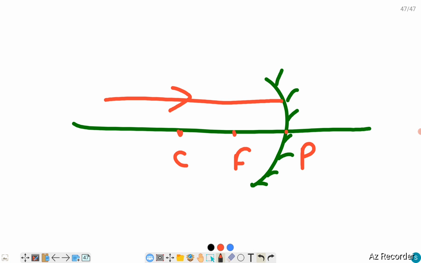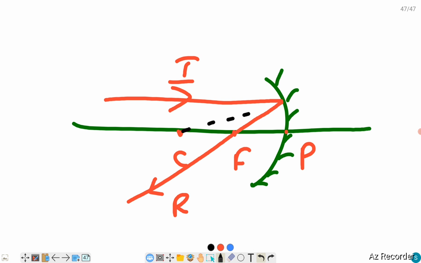Just now we have learnt it passes through focus. So this is I and this is R. Where is the normal? Through the center of curvature you have to draw. If you measure the angles, they will be equal. Understood? This is the point of incidence. This is the first ray rule.